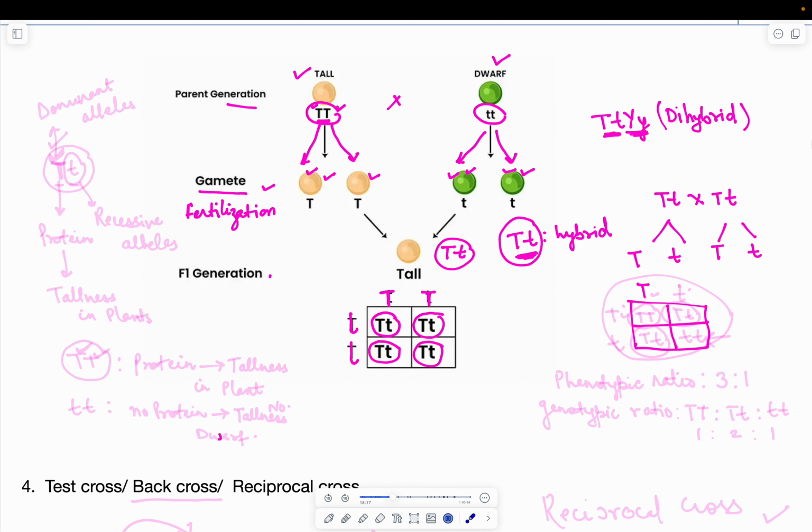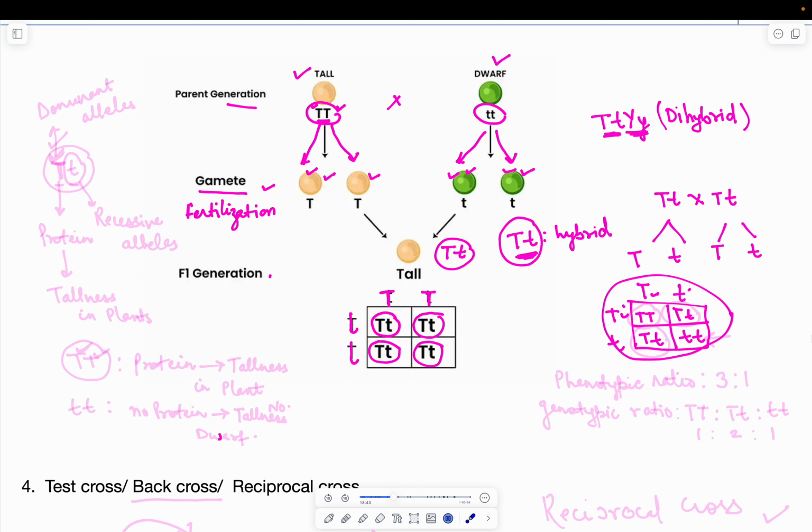So you will write female gametes on the top and male gametes on this side. And if these two gametes fuse together, and if this and this gamete fuse together, there is possibility of formation of a hybrid. So there is possibility of these kinds of offsprings, right?